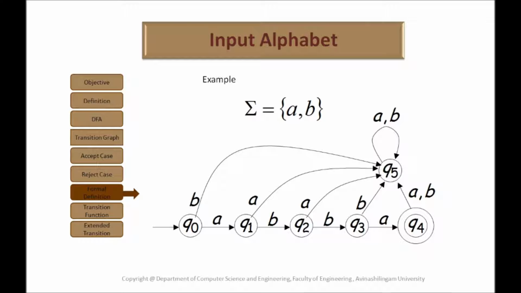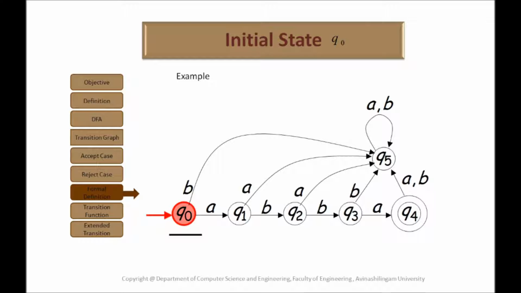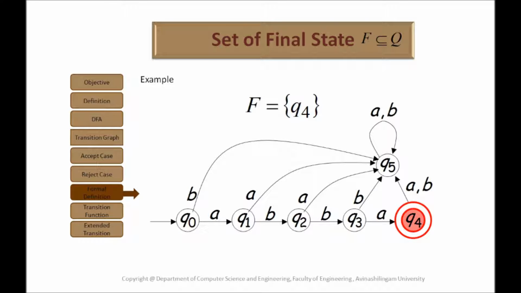Next is the initial state. In this transition graph we have Q0 as the initial state. The final state is Q4 in this transition graph. So we have F = {Q4}. F should be a subset of Q.